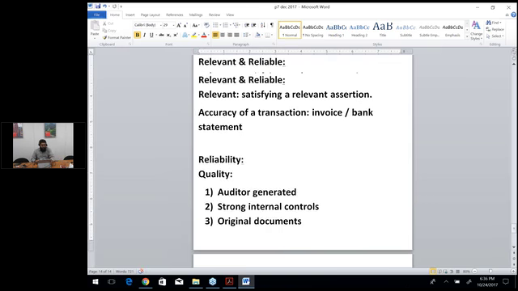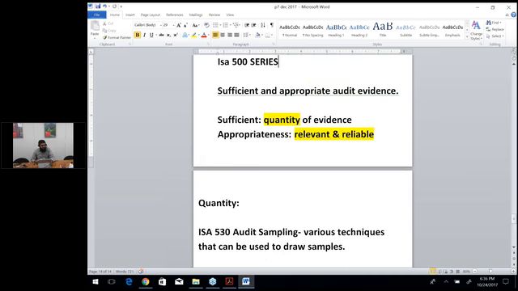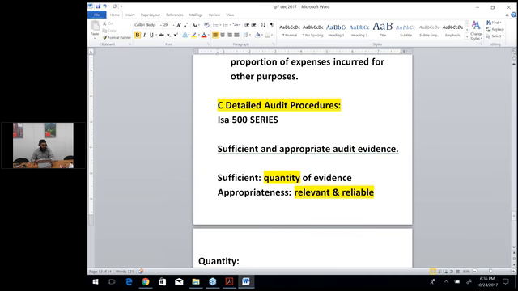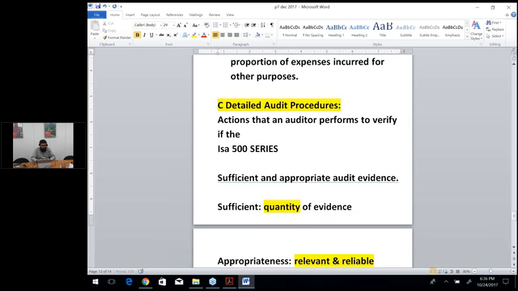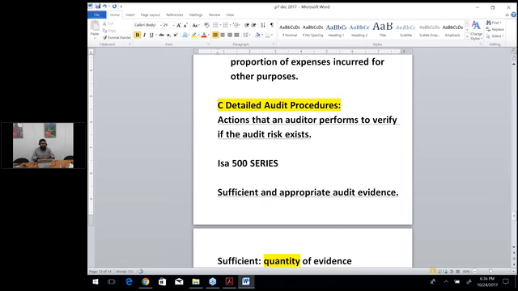So when we talk about the requirement of audit procedures, first of all, what are the audit procedures? The audit procedures are the actions that an auditor performs to verify if the audit risk exists.